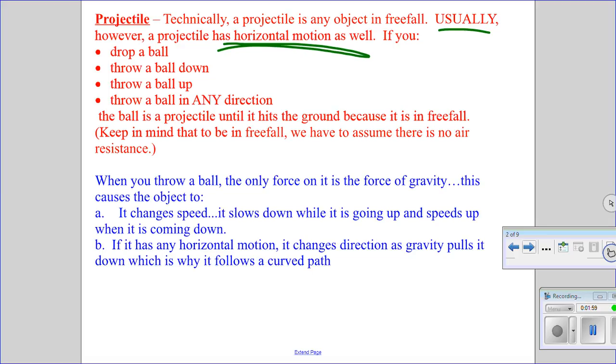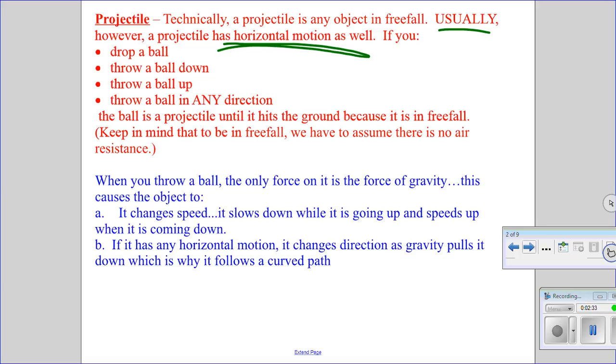Notice it moved horizontally as well as vertically, right? So that's it. A projectile is an object in free fall. Usually we assume that it's also moving horizontally. So anytime you drop or throw a ball in any direction, it's a projectile until it hits the ground.